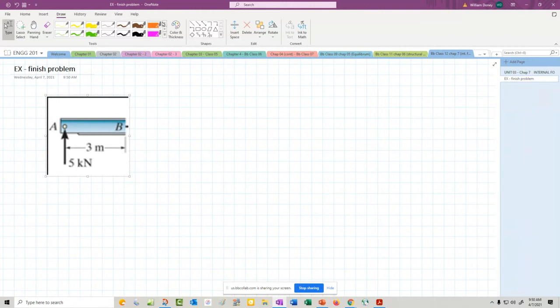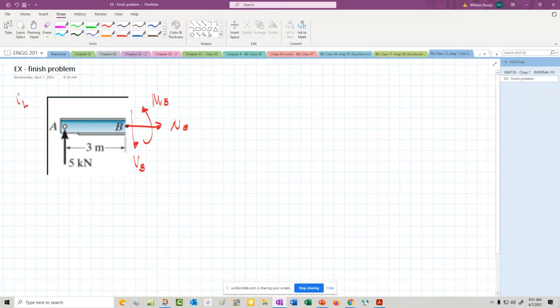So coming out of here, we have the normal, so it's a normal at B. We're going to have the shear, again going downwards. And then we have the moment because it's a smile. So this is the left section, and we found out that moment. All right, so how do we solve this? We did the free body diagram. We found the support reactions.